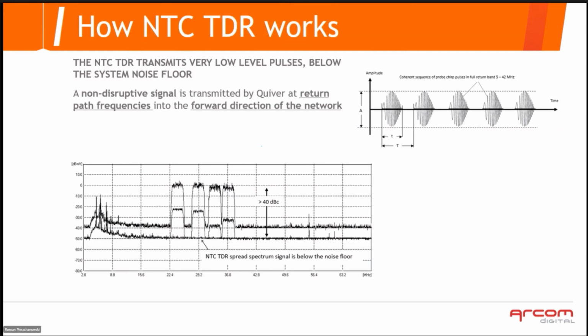How it works in the meter. The meter is transmitting chirp signals that result in a spread spectrum signal below the noise floor or in the noise floor. Typically, it's like more than 40 dBc down. It transmits these chirp pulses, and they are present in the noise floor.